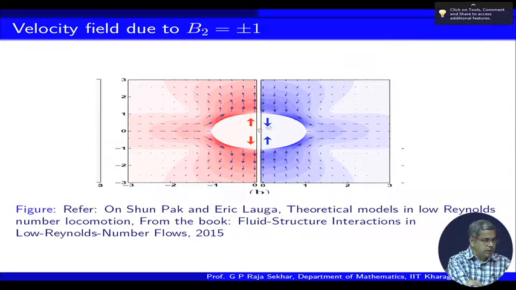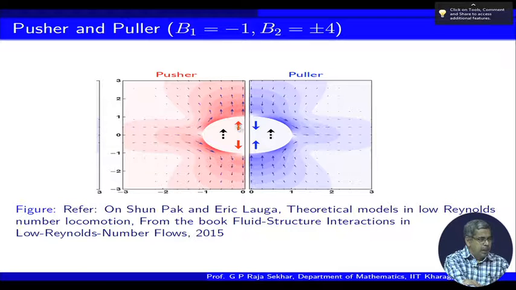If it is positive, you will see the flow is released along the direction and behind, and from sideways it is pulling. If it is negative, that is B2 negative on this side, along the direction the flow is pulling, and sideways it is pushing. So, this has a corresponding structure in it.